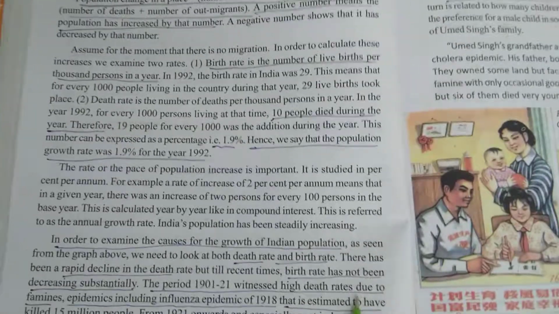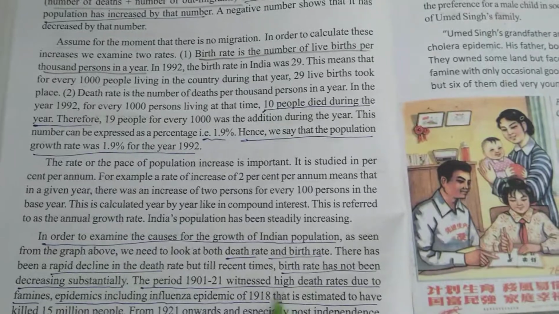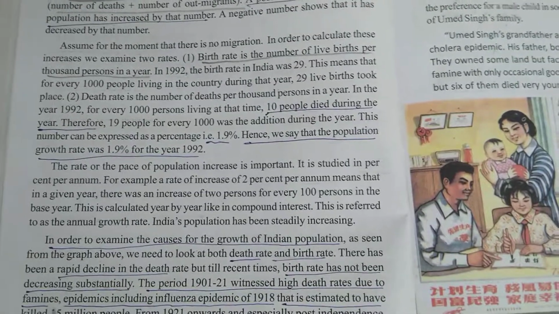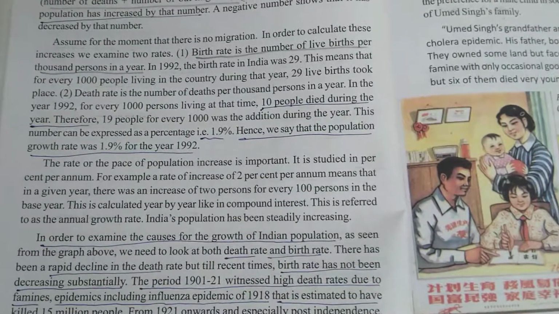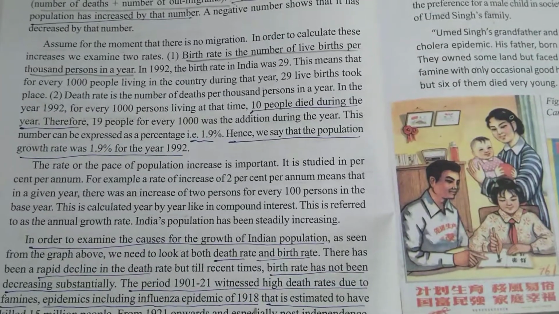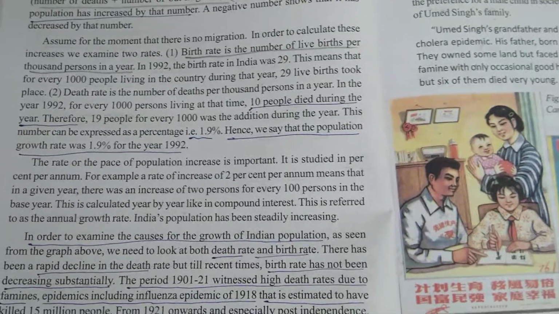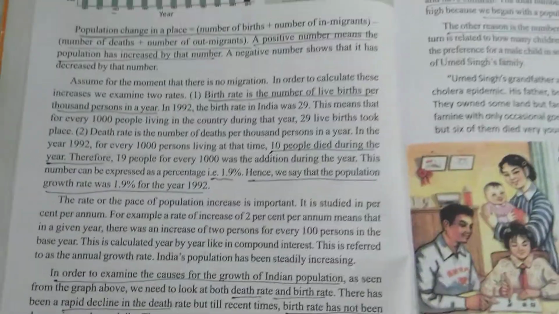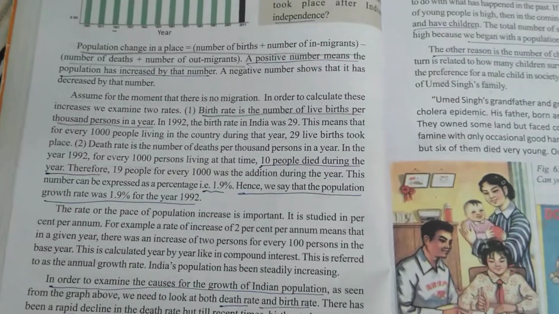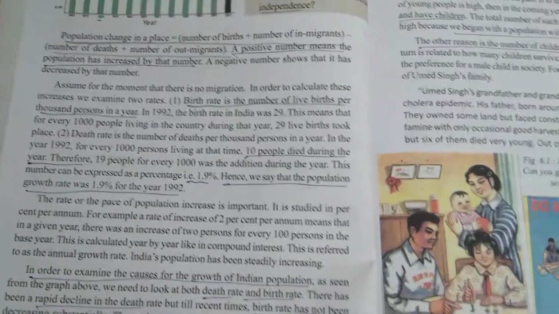There were many deaths because of famines and epidemics, including the influenza epidemic of 1918, which is estimated to have killed 15 million people. That's why in 1921 the population size is less.